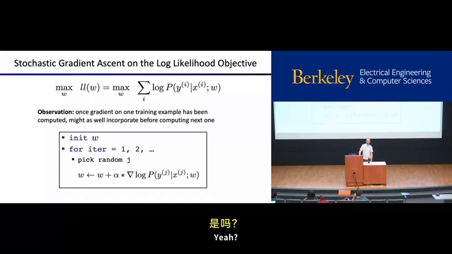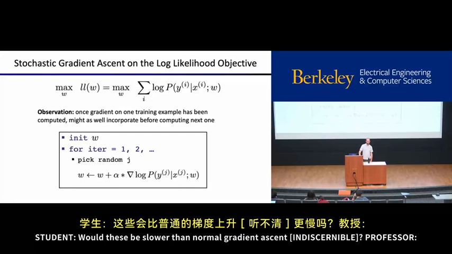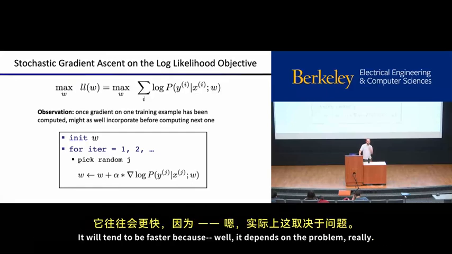Yeah. Would this be slower than normal gradient descent? It will tend to be faster because, well, it depends on the problem really.